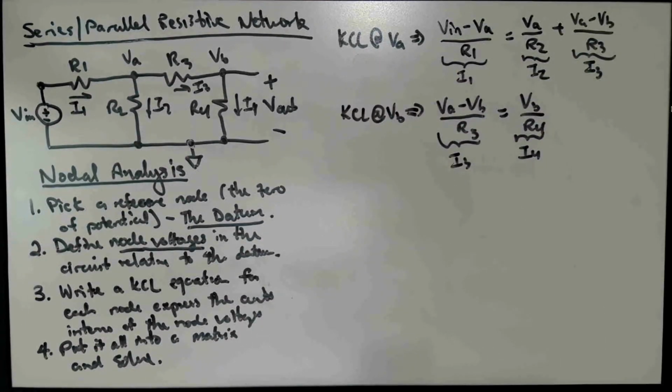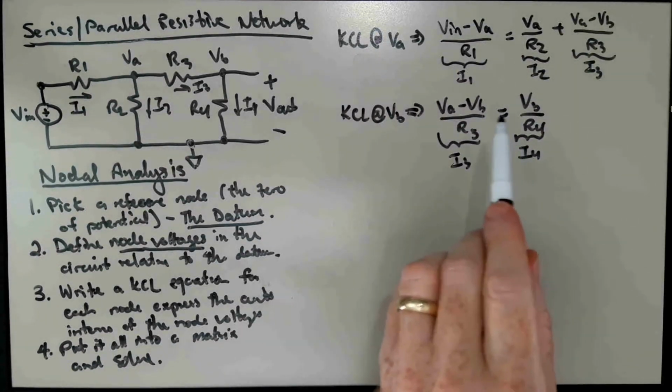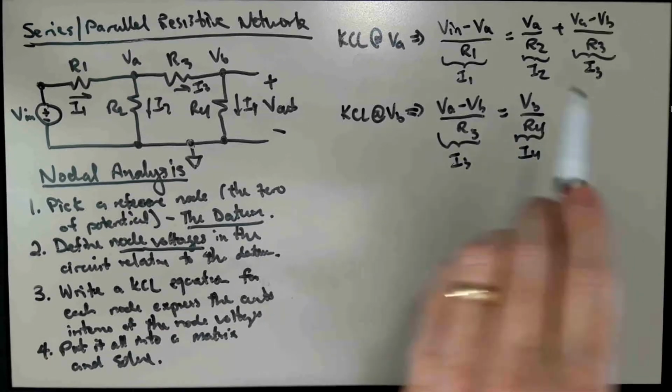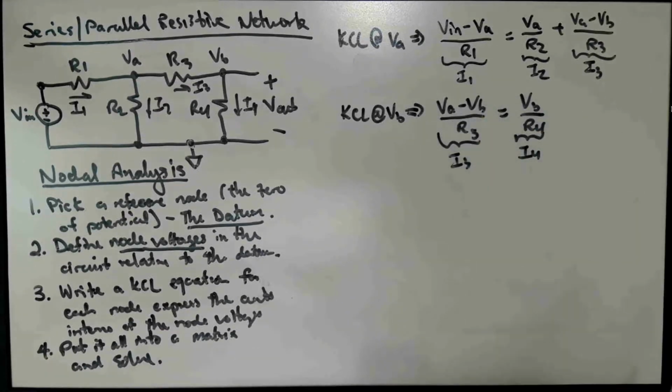And typically what we'll do is put all the unknown voltages on the left-hand side and all the sources on the right-hand side.